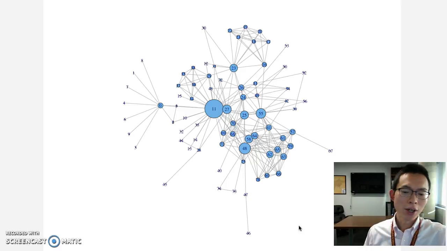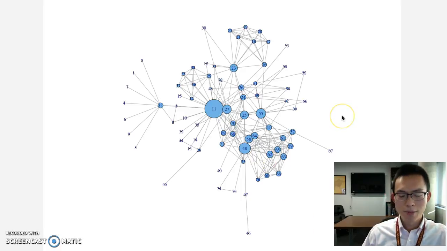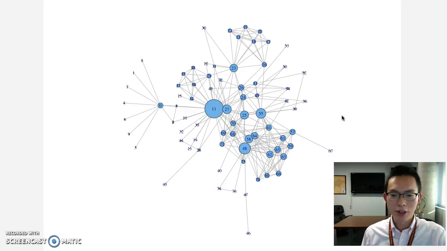And for example, what you see right now is one of the examples you produced, and here you see there are a bunch of nodes and a bunch of edges. And one important graphical device you see here is the size of the nodes. And the size of the nodes is used to convey some kind of attributes or attribute data of each node.